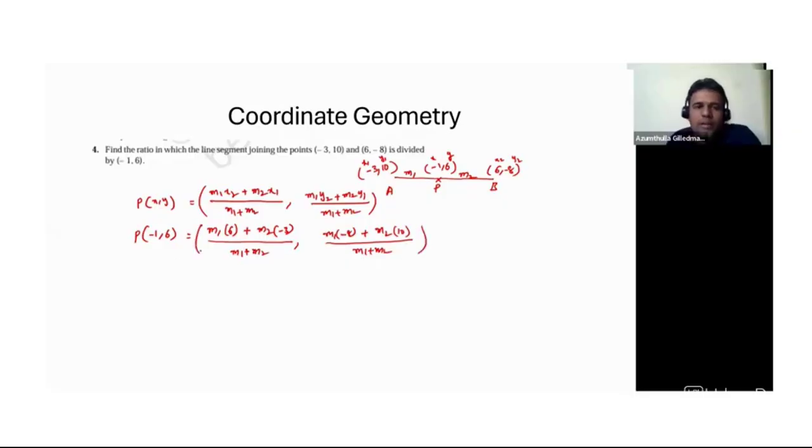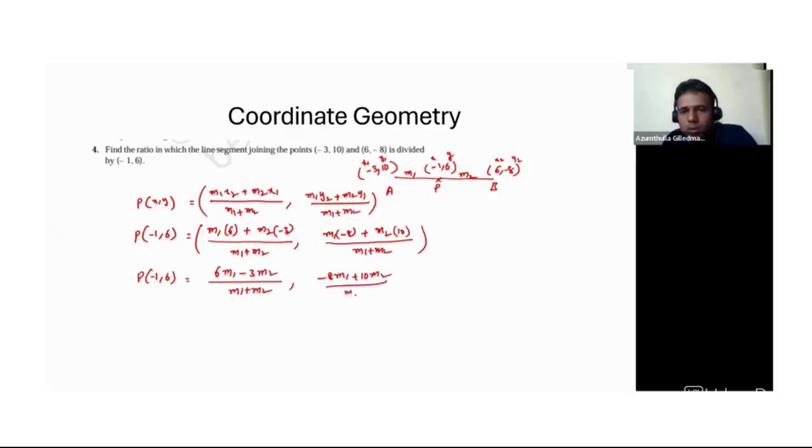Let's further simplify and then equate, right? So then P is (-1, 6). That should be (6m1 - 3m2)/(m1 + m2), comma -8m1. Hope you guys are following, right?